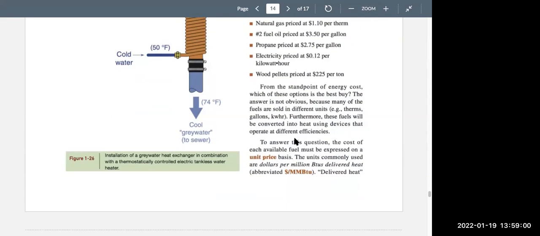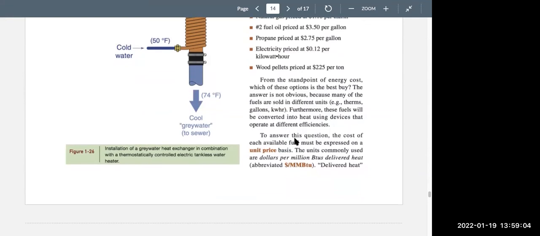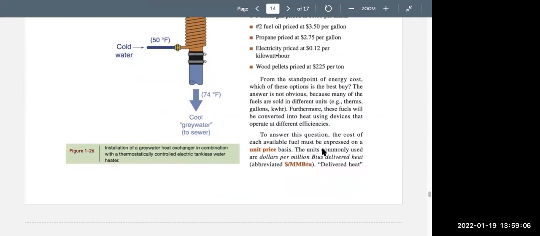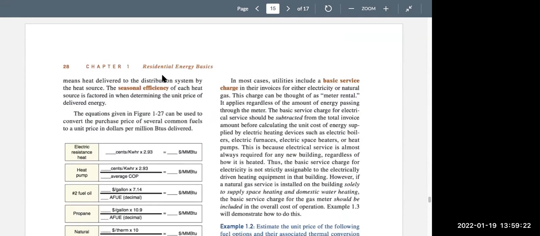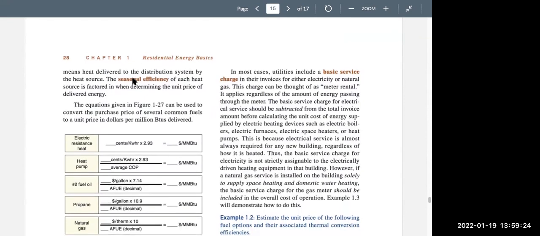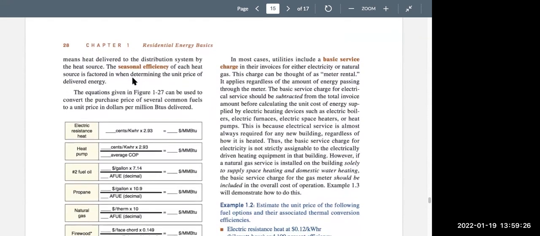It's very complicated, but understanding how to do this: we take these units and put them into dollars per million BTUs, or delivered heat. How much heat can this fuel give you per the cost?